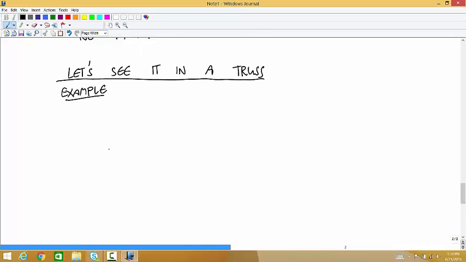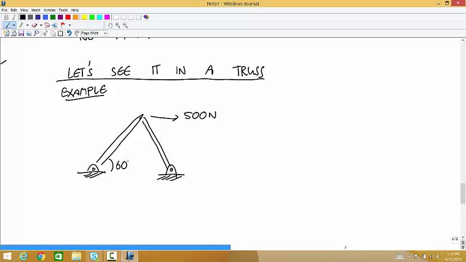Okay, so we did this example. This was one of the first structures we did. We have an equilateral triangle, with a 500 Newton force applied to the pin at the top. All these angles are 60 degrees, and all these lengths are 1 meter.